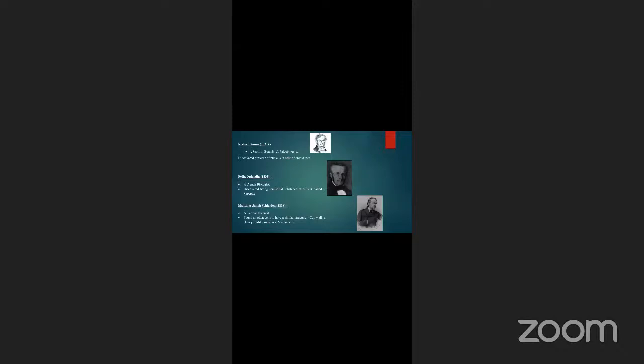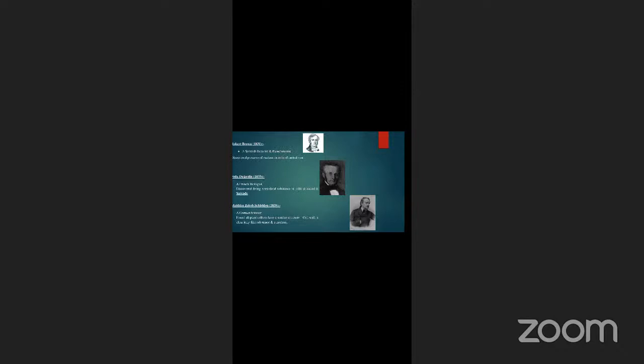Schleiden observed that plant cells consist of a cell wall, a jelly-like substance and a nucleus. Then Schwann discovered that animal cells lack a cell wall, and both contributed to the cell theory. So what is cell theory?